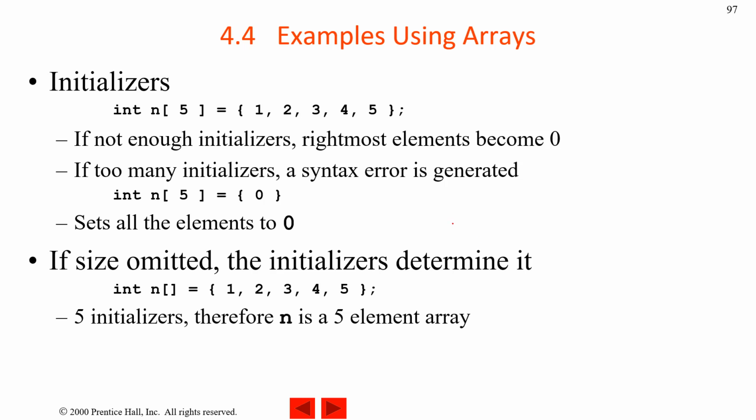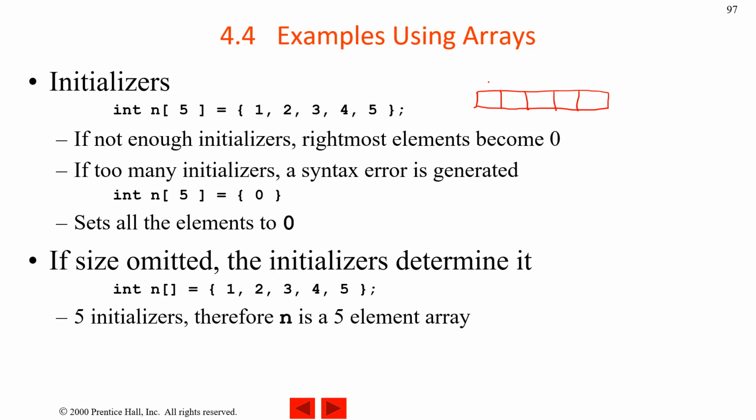So the way to initialize is like this. I can write int n[5] and then initialize it directly. What this will do is create an array of size 5. So I have 1, 2, 3, 4 and 5.